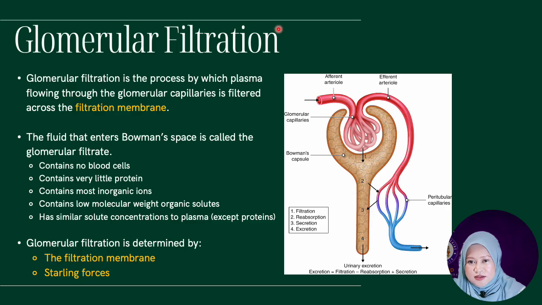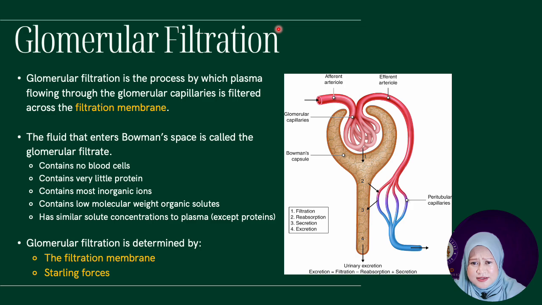It contains water, sodium, potassium, chloride, glucose, amino acids, urea, and many other small solutes. The key difference is that it contains almost no proteins and no blood cells. So you can think of glomerular filtration as producing a protein-free plasma.